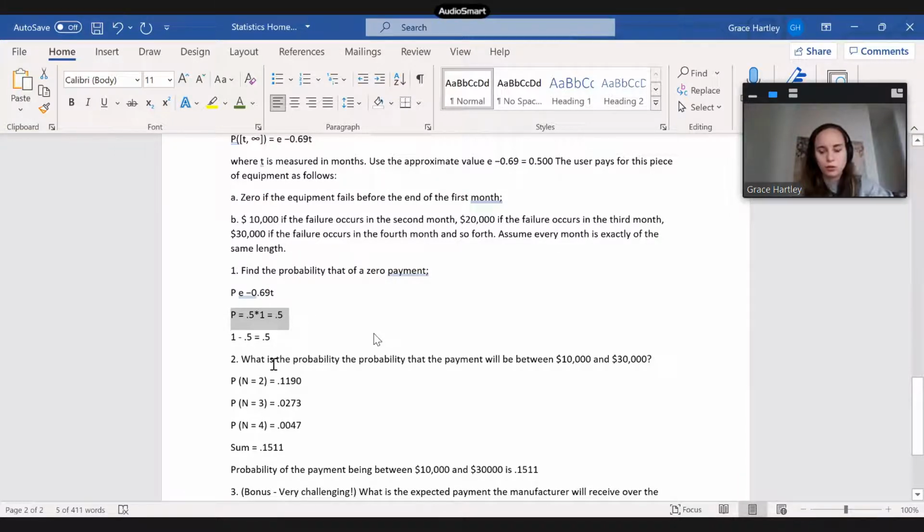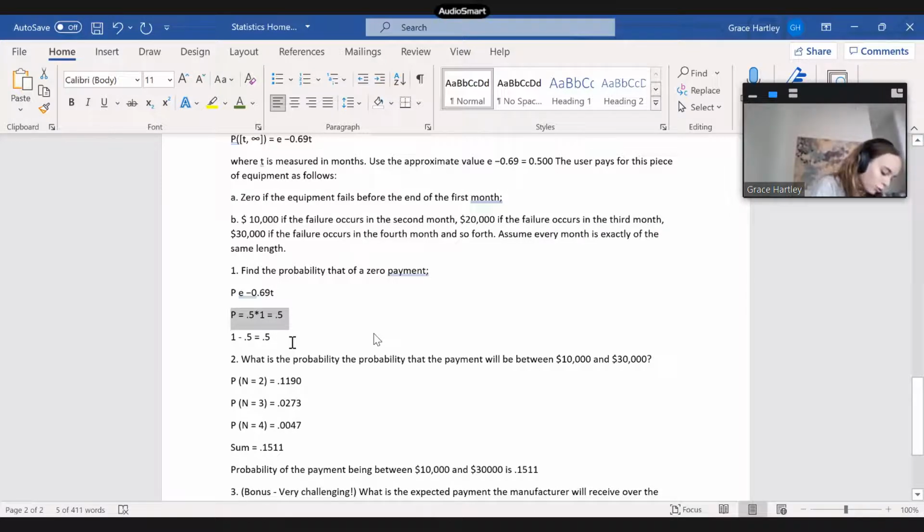No, it calculates the probability of failing, but after the first month, because this equipment will ultimately fail. The probability of the equipment failing is one, because if you just plug in, the equipment will ultimately fail, right? But you calculate the probability of it failing after the first month, which is 0.5. So the probability of it failing before the first month is just 1 minus 0.5. It's also a complement relationship.